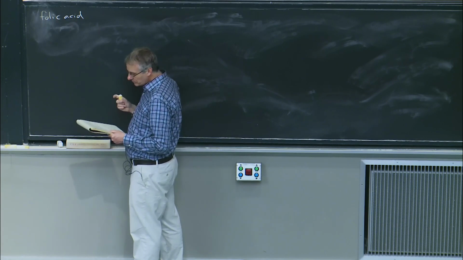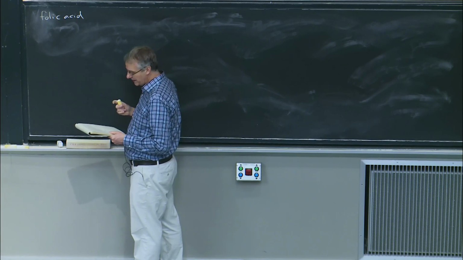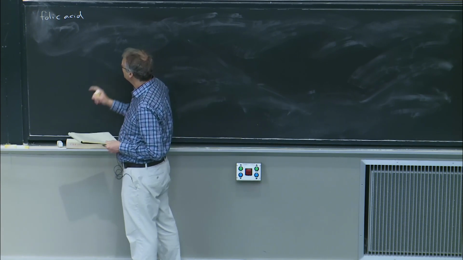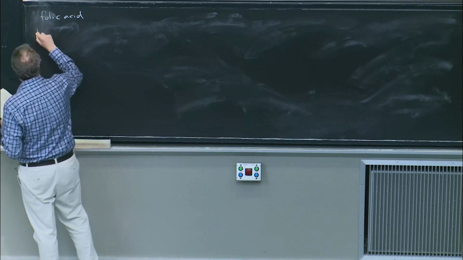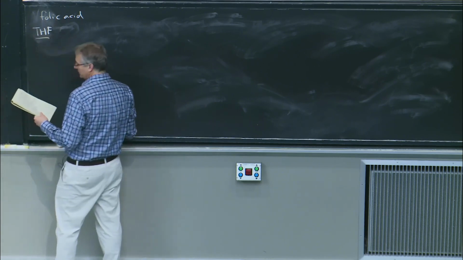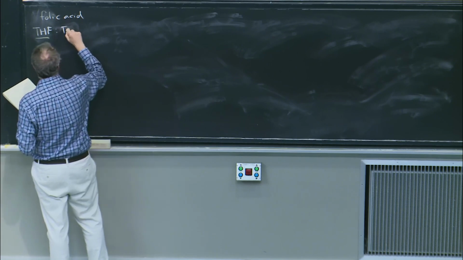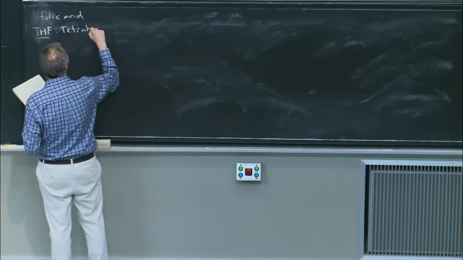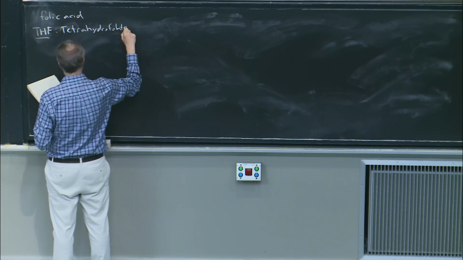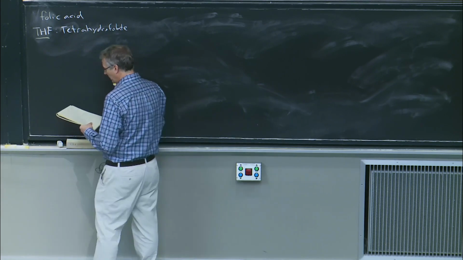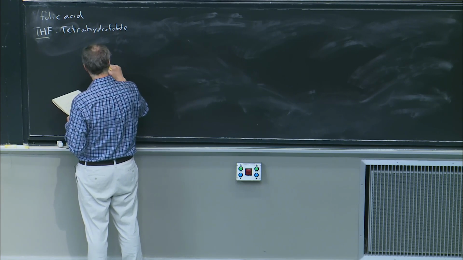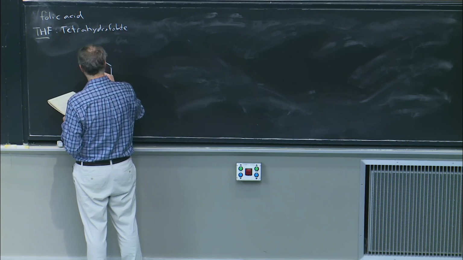All right, so folic acid is a complex molecule that is converted in cells to a molecule called THF, which stands for tetrahydrofolate. Okay, so I'll draw out folic acid for you and tetrahydrofolate.